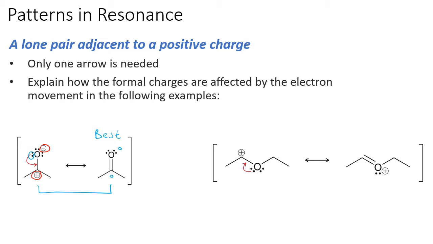So here's another example of having a lone pair next to a positive charge. We can take the lone pair of electrons on the oxygen and move them using a curvy arrow over to create a double bond in between this carbon with a positive charge and our oxygen. We can do that because carbon doesn't have 4 bonds. It has 3 due to it being a carbocation.